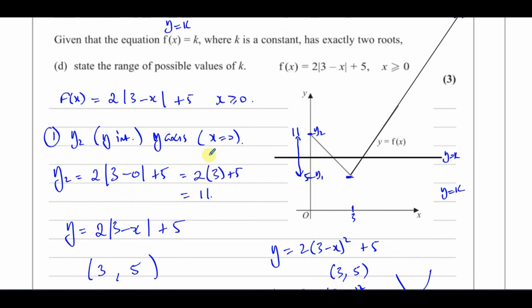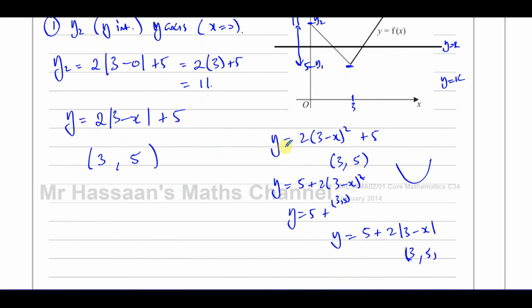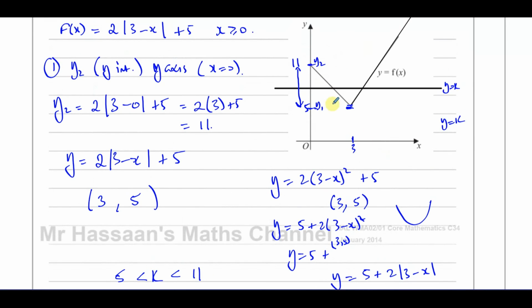So we can say that the possible values of k are going to be between 5 and 11. We don't include 5 and we don't include 11 because, no, we do include 11. We do include 11. Why? Because there are two distinct roots here still. But at 5, it's like there's one root basically, because it's just 1 point.